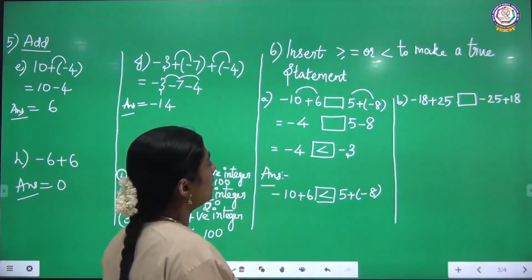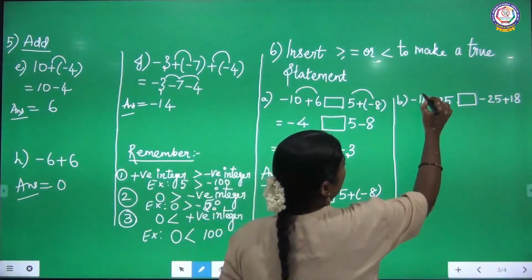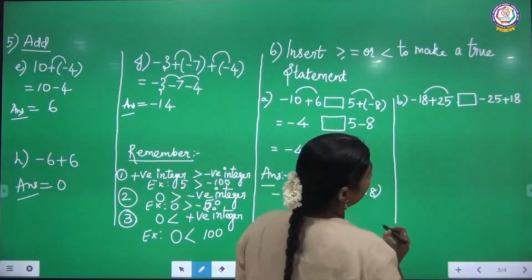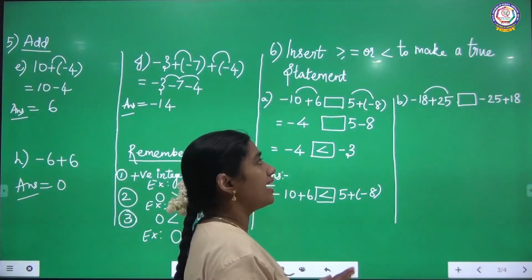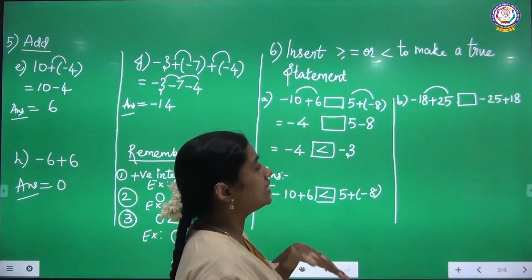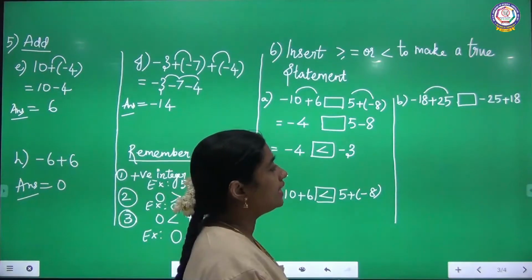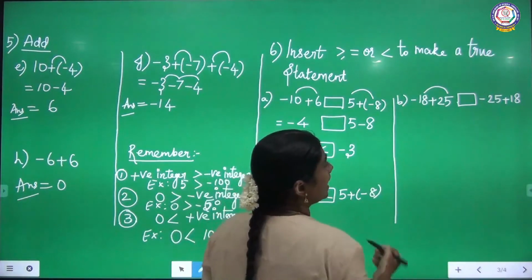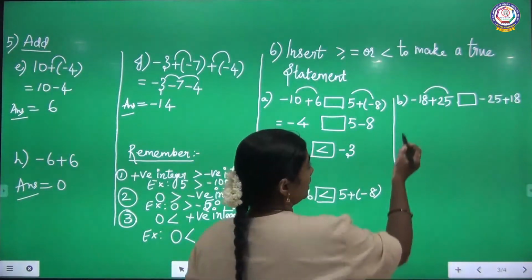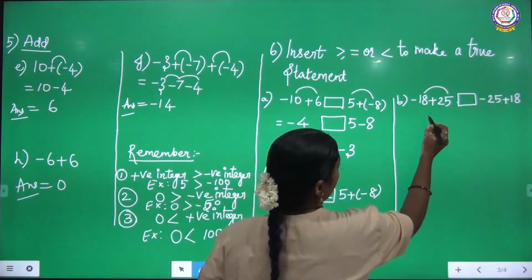Now, when I come to the B sum, listen, minus 8 plus 25 box minus 25 plus 18. They are changing the sign alone. The numbers are the same, only the sign is changed. So, minus 8 plus 25, negative as well as positive, so I am going to subtract this.